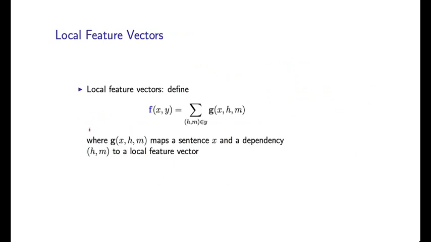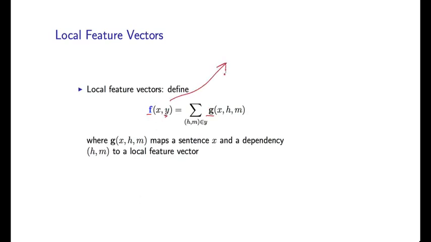So the key idea is going to be, again, to define f as a sum of local feature vectors. Remember, in the last segment on the perceptron algorithm and global linear models for tagging, we saw a very similar thing where f was defined as a sum of local feature vectors g. In the dependency parsing case, we're going to have one local feature vector for each dependency in the structure y.